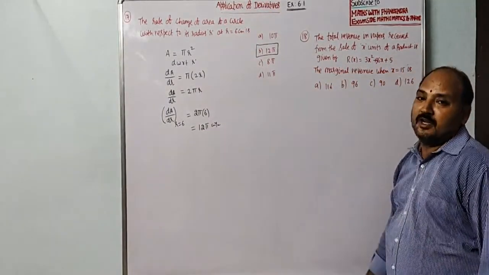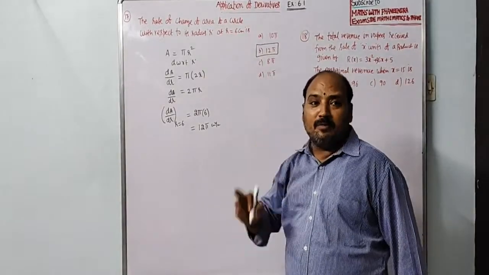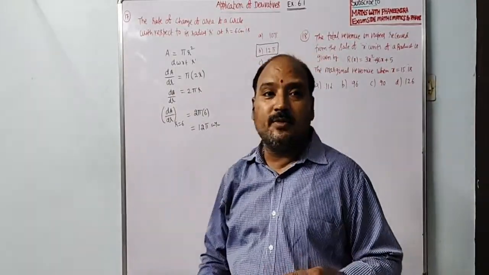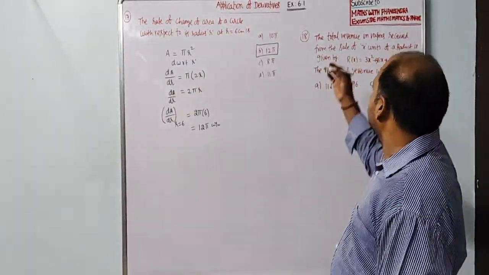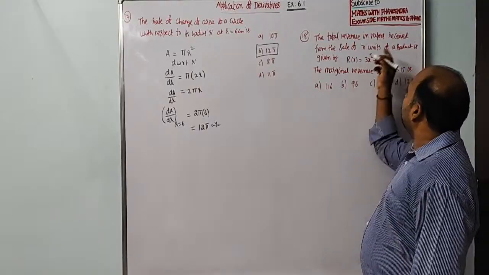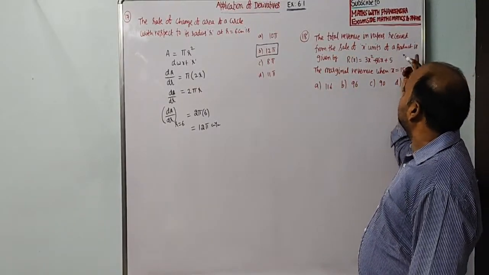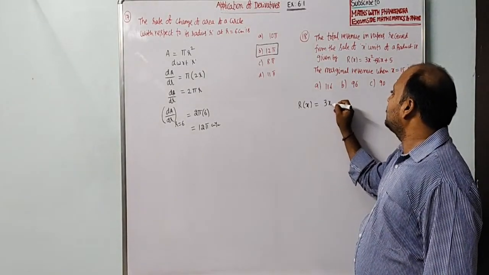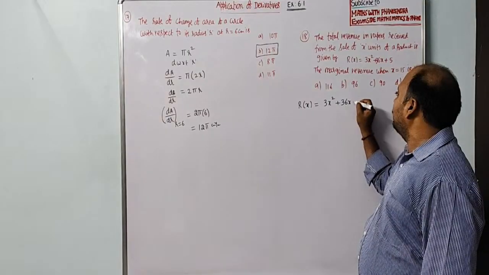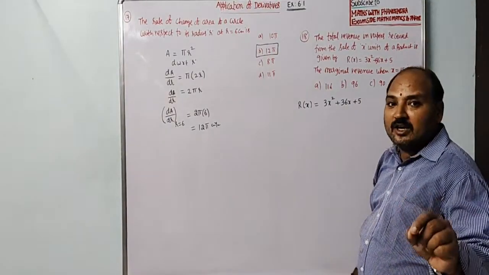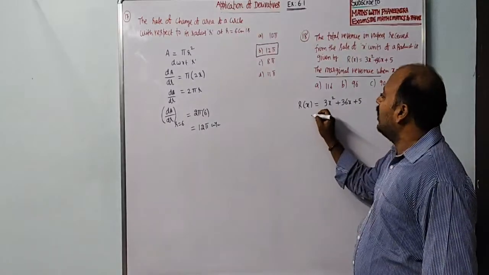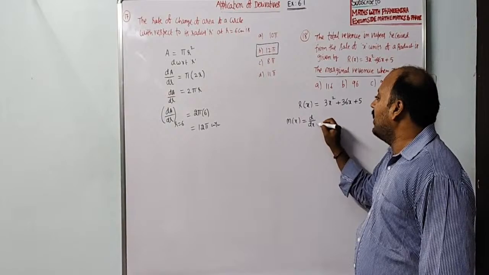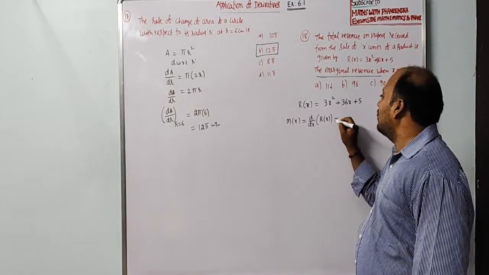We'll move to question number 18 and the last question from the exercise 6.1 in the category of application of derivatives in that rate measure or rate of change. So the total revenue in rupees received from the sale of x units of the product is given by R of x is equal to 3x square plus 36x plus 5. Whenever they are asking to find marginal revenue, you have to differentiate. Marginal revenue M of x is equal to d by dx of total revenue, that means R of x.